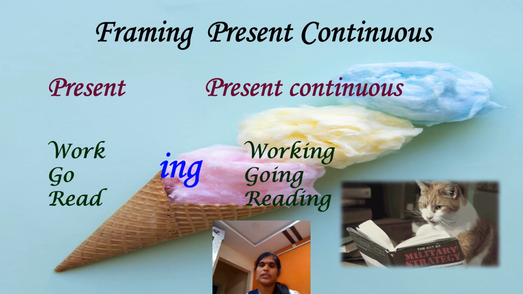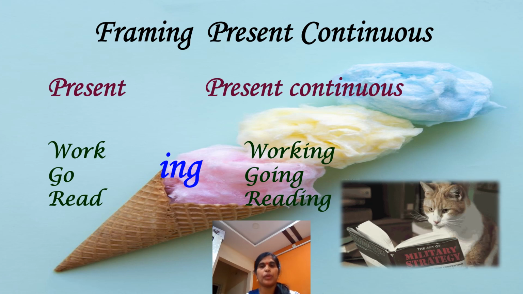Children, let us see how to frame present continuous verbs from present tense. If you take the word work in the present tense, we have to add ing at the end of the word to make it into a present continuous verb. For example, work plus ing becomes working.